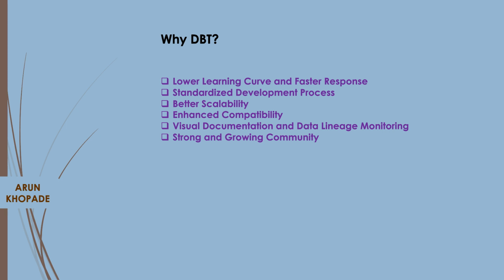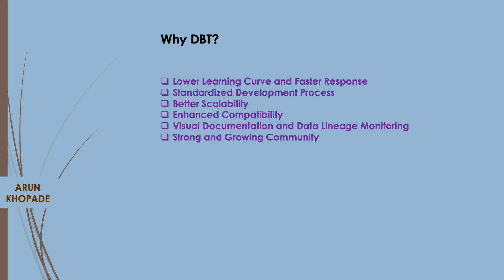Then visual documentation and data lineage monitoring. The visual documents that DBT provides help us monitor the data relationships, and they also keep transparency for the data and its flow within the system. Then a strong and growing community.